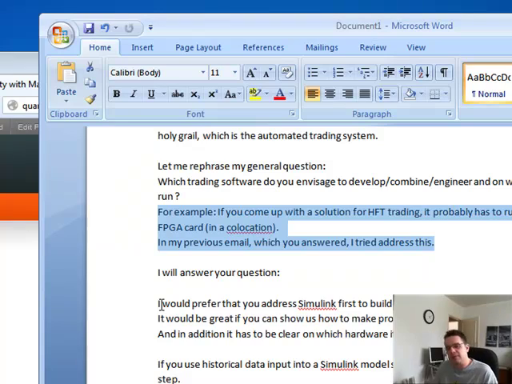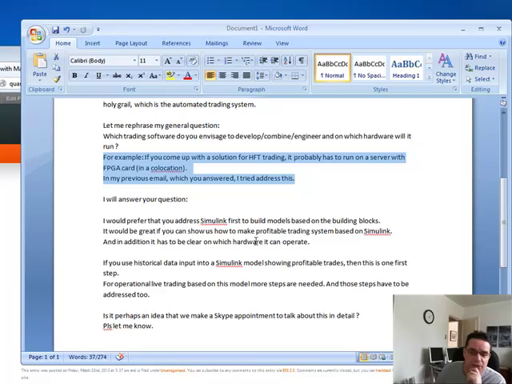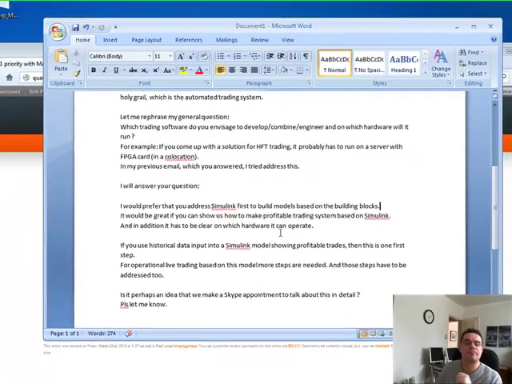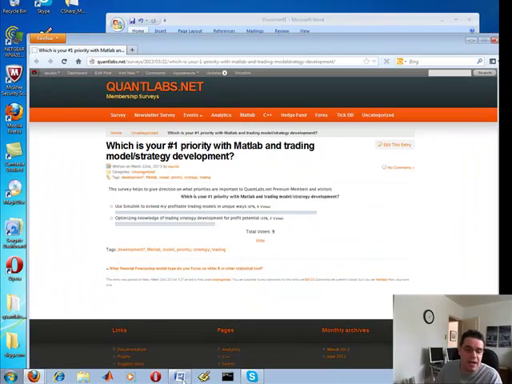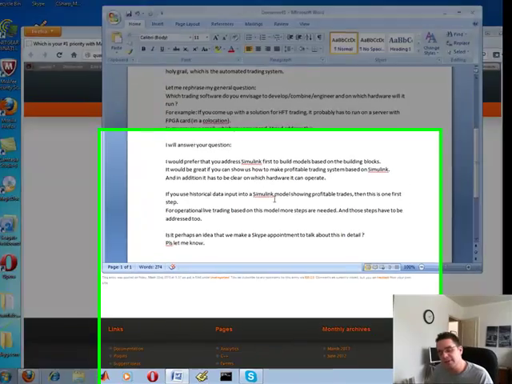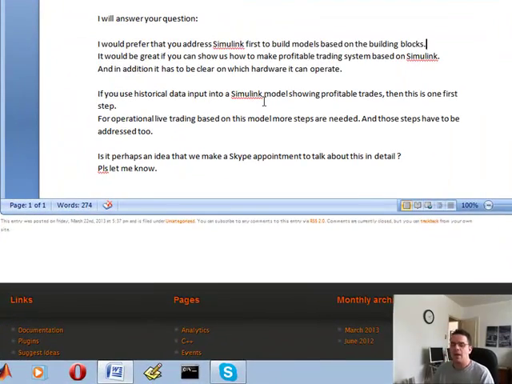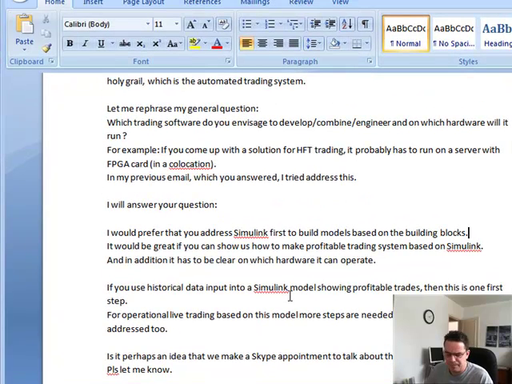So now it comes down to the specifics of Simulink. I prefer that you address Simulink first, to build models based on building blocks. I think that will be the direction I'm going to go with, because I need to understand the power of Simulink. But the confusing part about Simulink is that it's really built for mechanics, not really meant for trading.